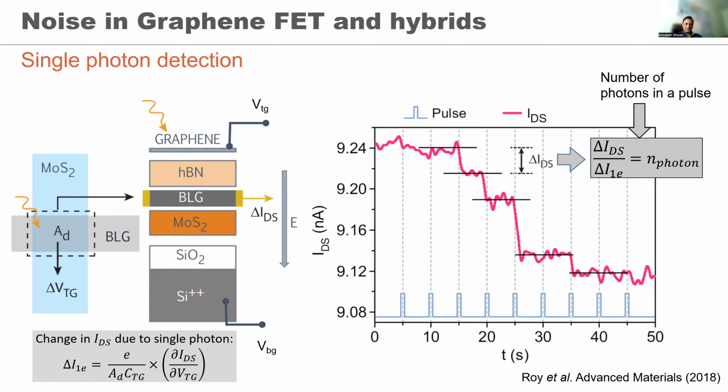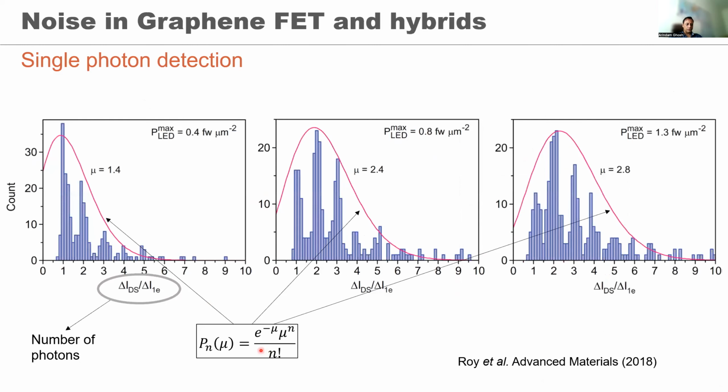That can be easily estimated from the capacitive coupling between the graphene and the gate. So we can normalize the number of photons responsible for this change in current. When I take this change in current and create a histogram of such changes, you see beautiful single photon detection.